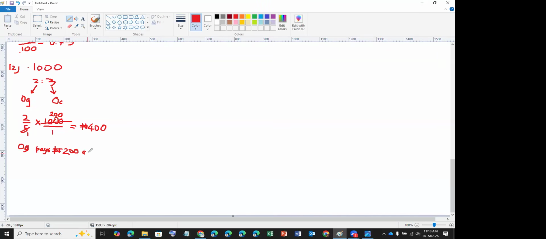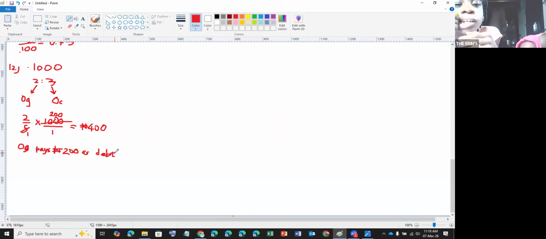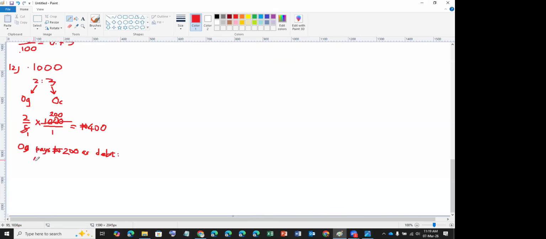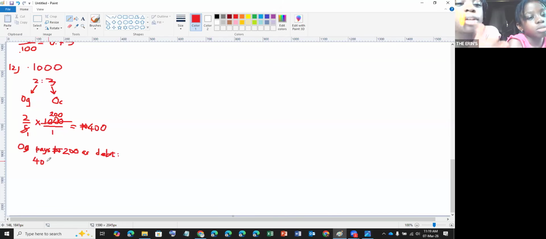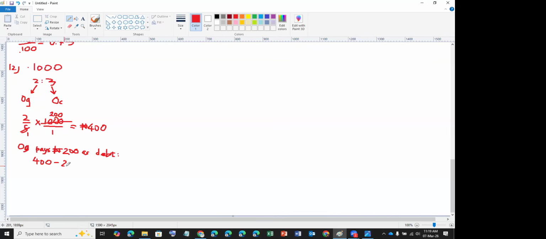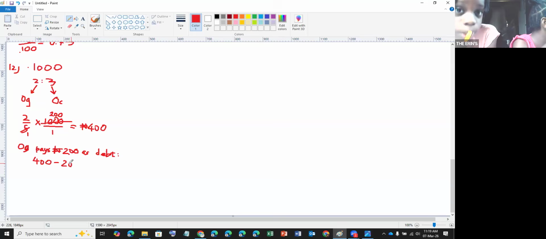So if he paid 200 naira as debt, what does he have left? 400 minus 200 is 200. Thank you. So just write it like that. 200.